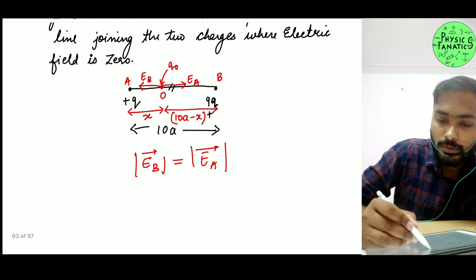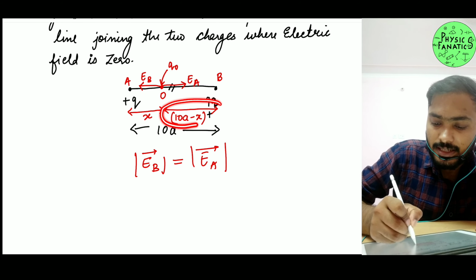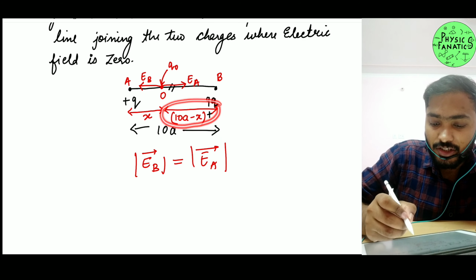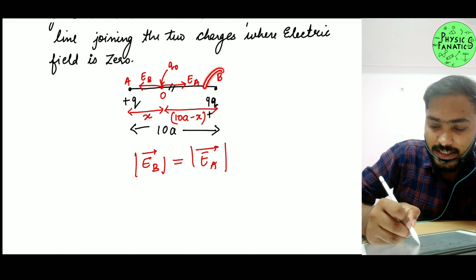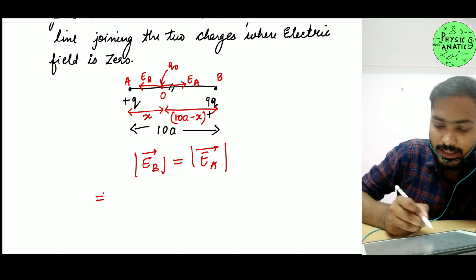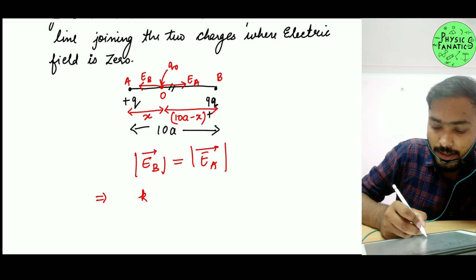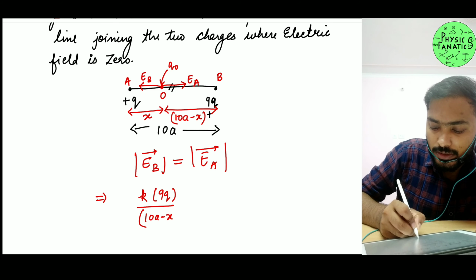Okay, so let's talk about what will be the value of electric field for B, right? So the distance between them is 10a minus x, right? And the charge is 9q, right? So I can very nicely write it here, right? Electric field because of B will be simply given as k multiplied by 9q divided by 10a minus x whole square.